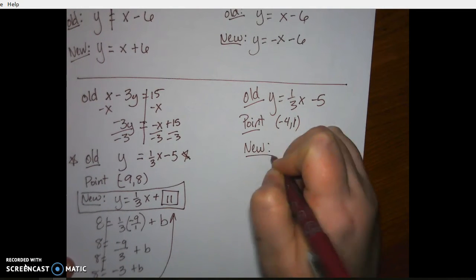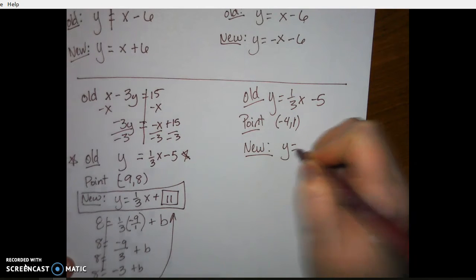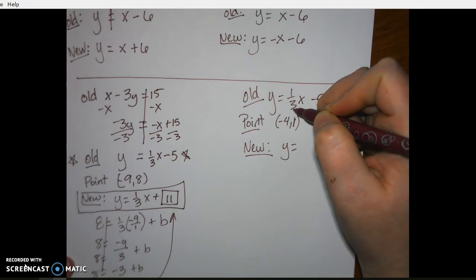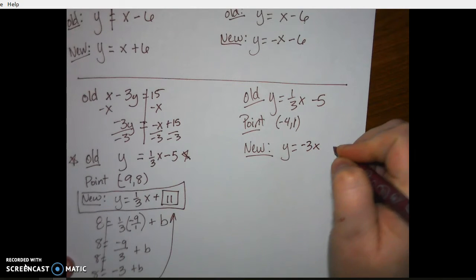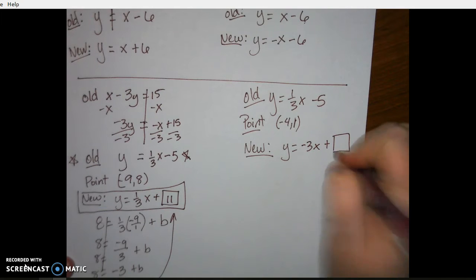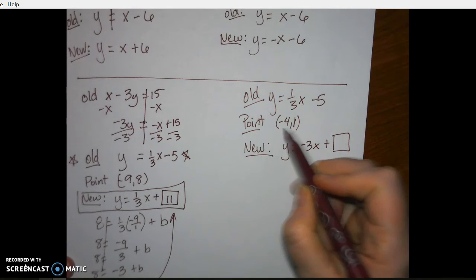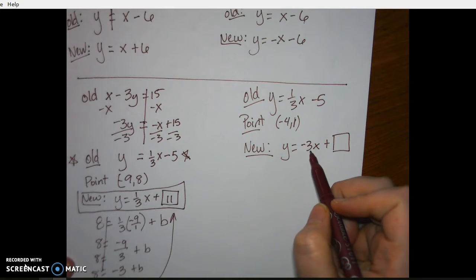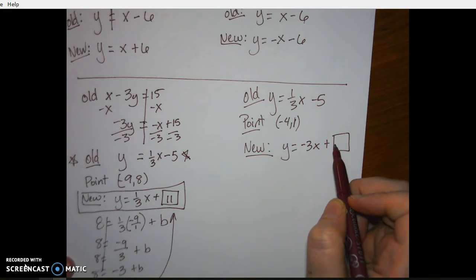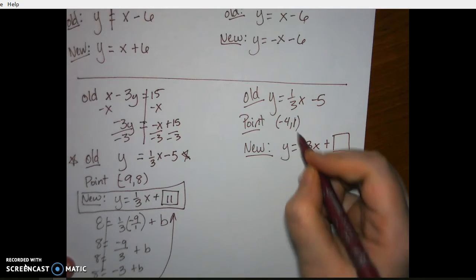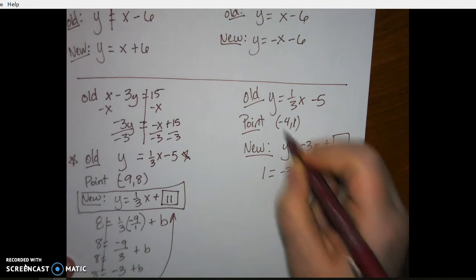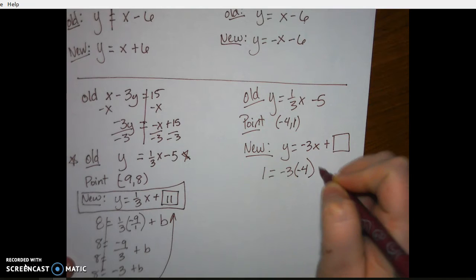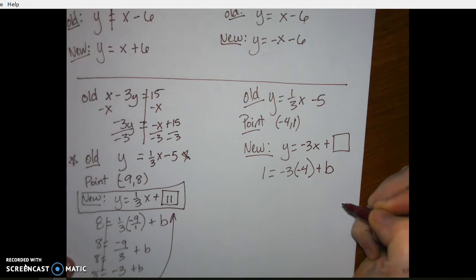So my new y equals, I change the sign, it becomes negative 1/3. I flip it, I get negative 3x plus my I don't know. I use these, plug them in here to find my I don't know. Okay, y equals 1 equals negative 3 times negative 4 plus b.